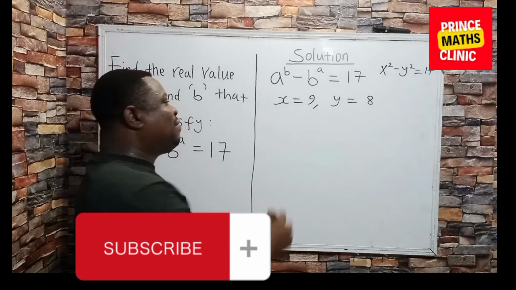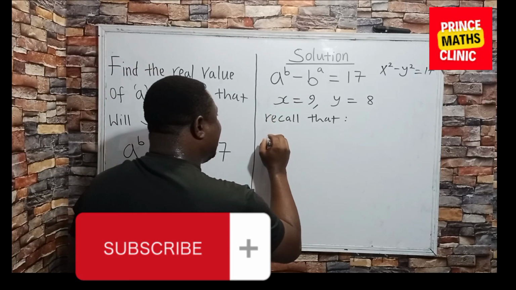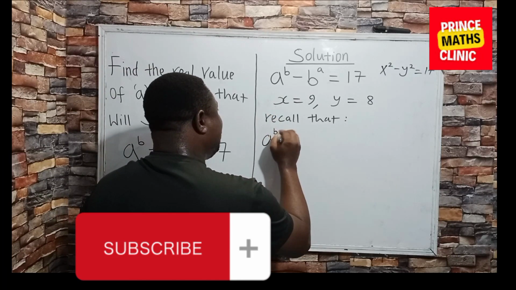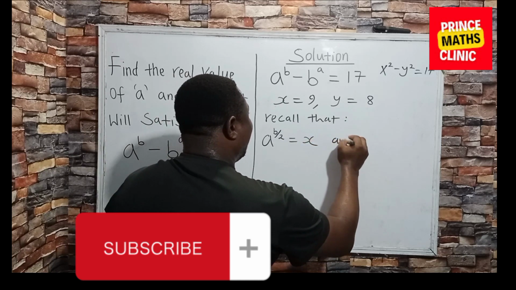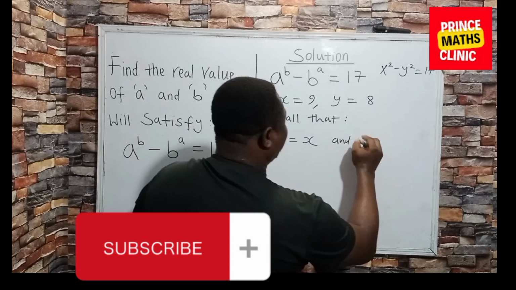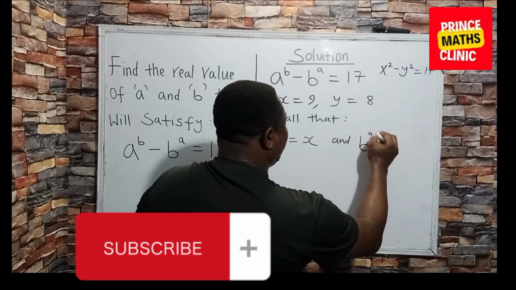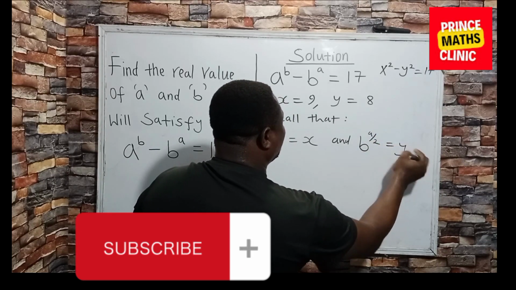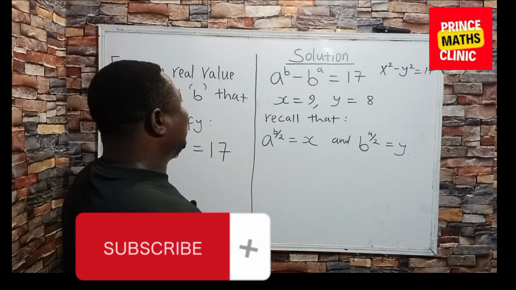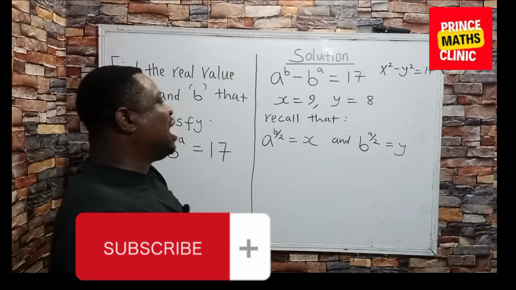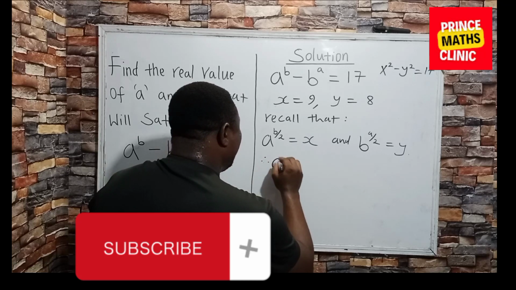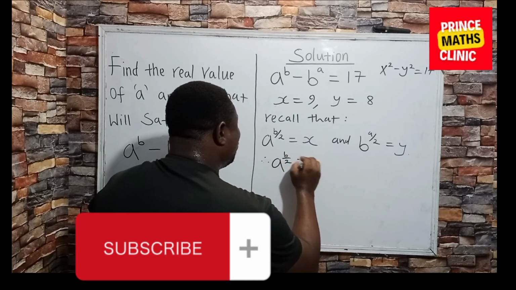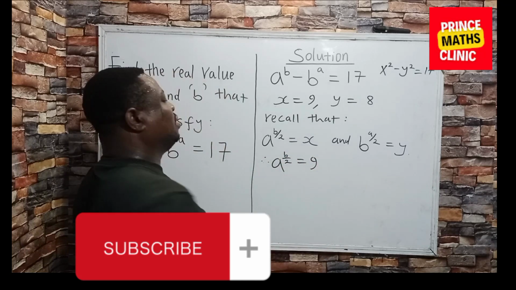At this stage, we have to recall, we said that let A to the power of B over 2 be equal to X, and B to the power of A over 2 equal to Y. And now we have found the value for X to be 9. So let's substitute 9 here. Therefore, A to the power of B over 2 is equal to 9.